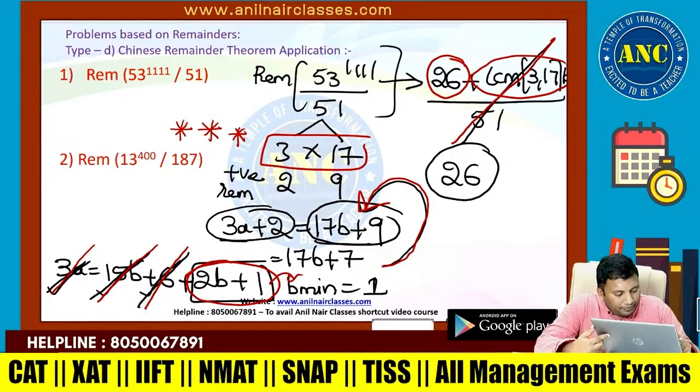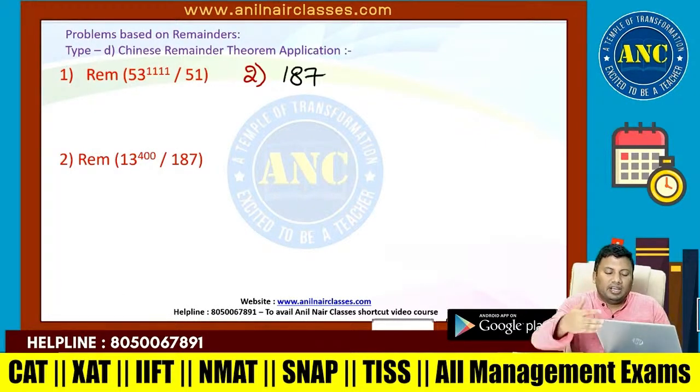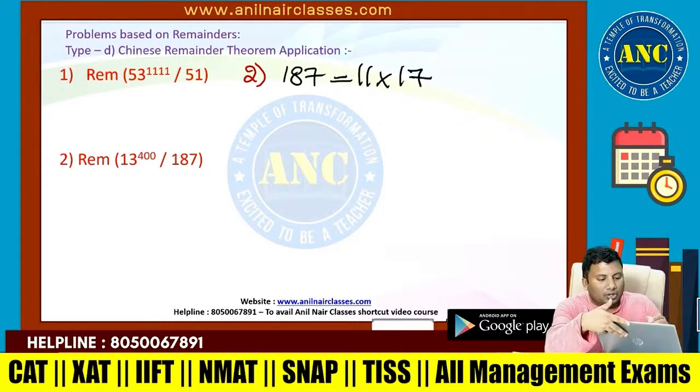Second one. See the question. 13 power 400 divided by 187. 187 is a composite number. It has to be written as a product of coprimes: 11 into 17.